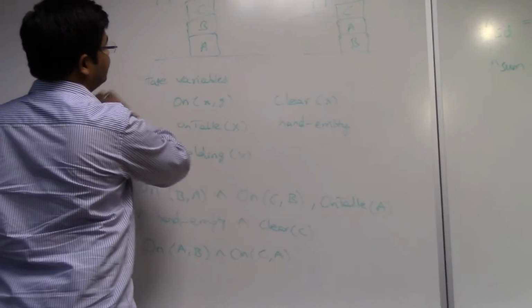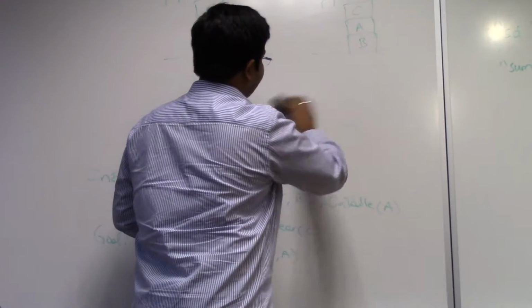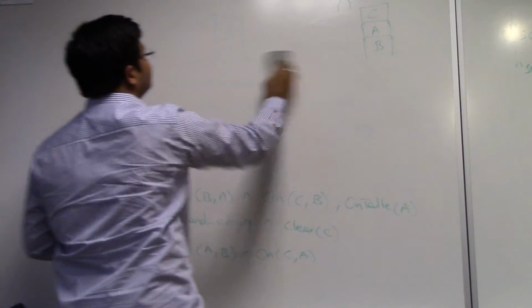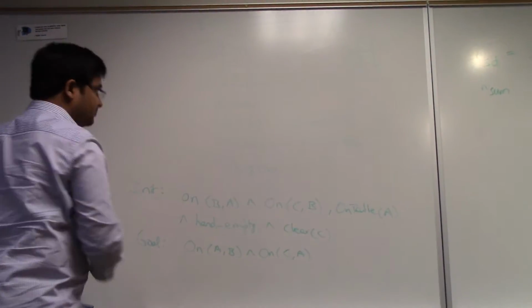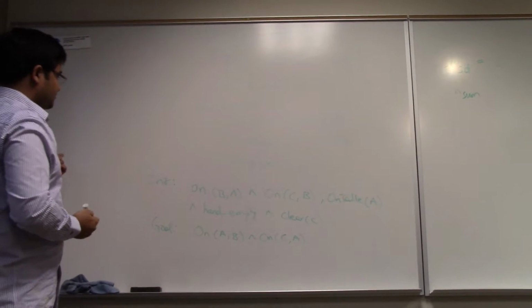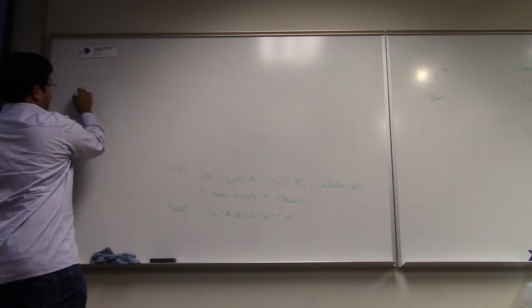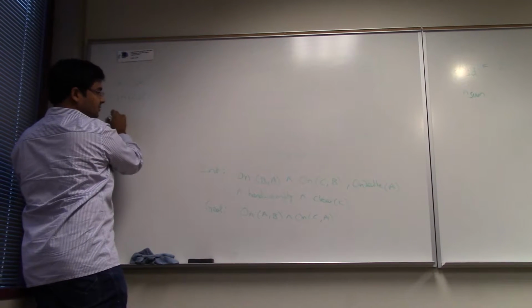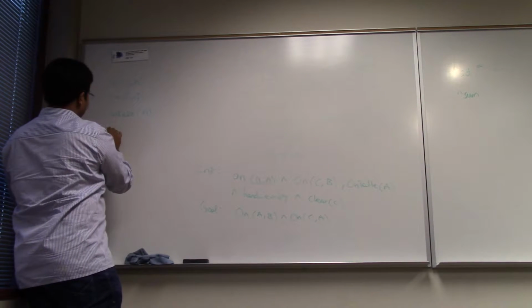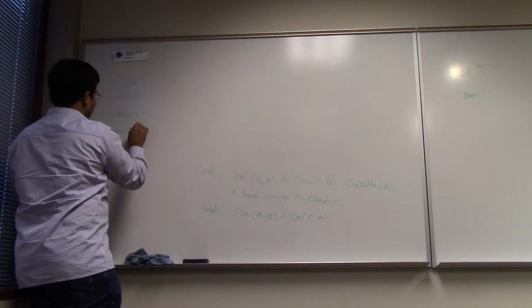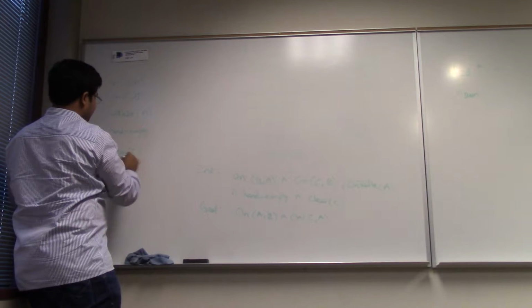So we'll start with these literals, which is on B A, on C B, on table A, and hand empty, and clear C. Okay.